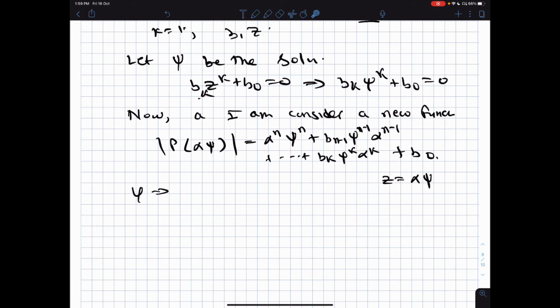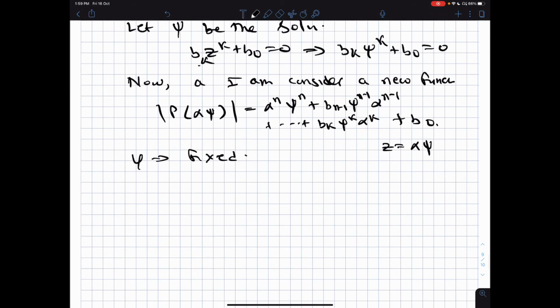So psi is a fixed thing. So you have got a new polynomial with certain new coefficients, like psi to the power n here, b_(n-1) psi to the power n minus 1 here, b_k psi to the power k here. So these are the new coefficients which this new polynomial has in alpha, an nth degree polynomial in alpha.